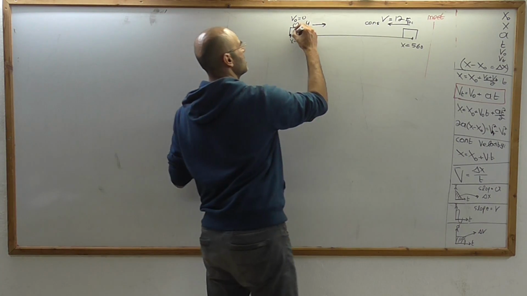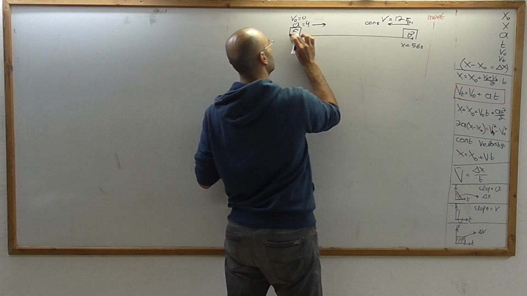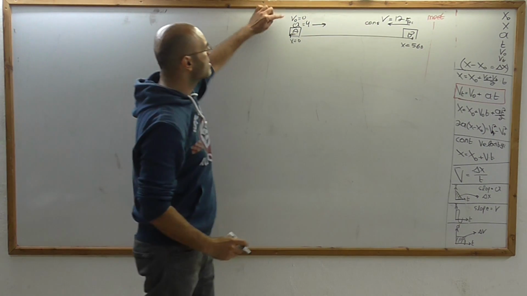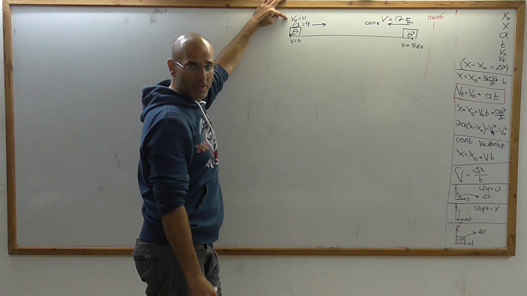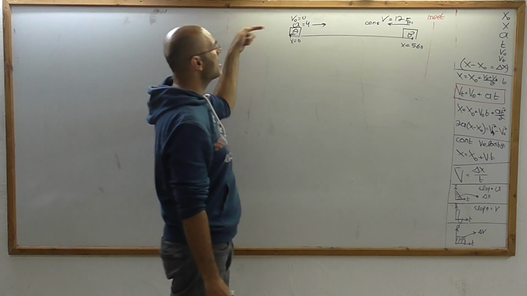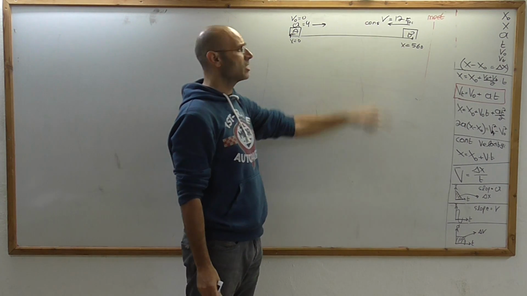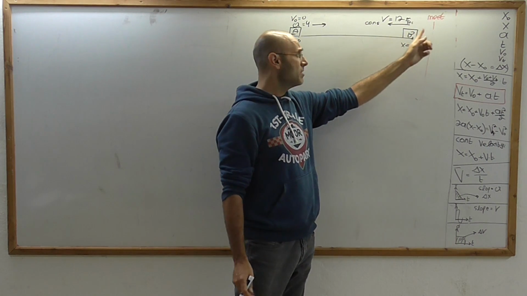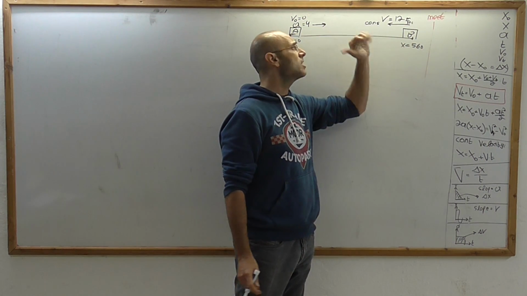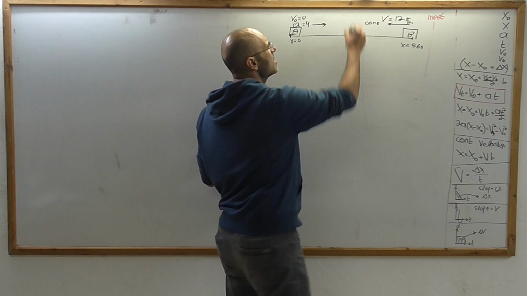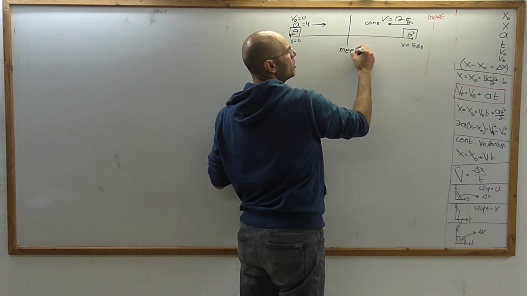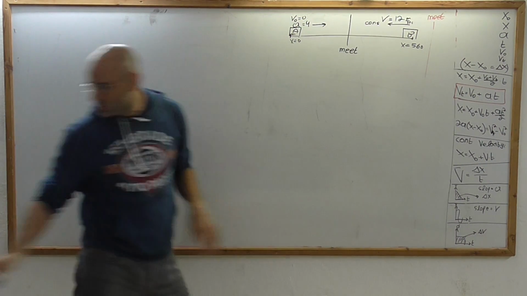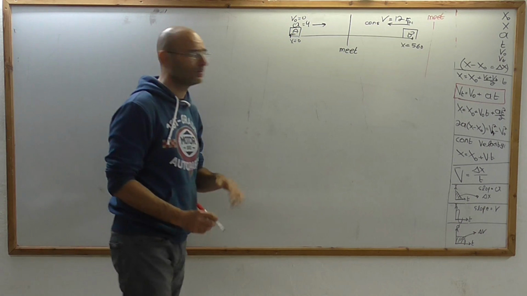Let's say this is A, this is B. Vehicle A starts with velocity 0 and starts accelerating in this direction. Vehicle B goes in this direction at a constant speed. Obviously they will meet somewhere here. I don't know where, it doesn't matter. I want to know exactly where and when.